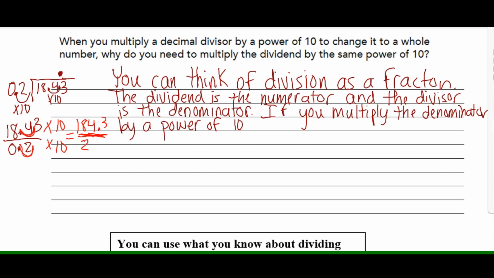And the reason why we need to do that is multiply by the same power of 10. You have to multiply the numerator by the same power of 10 to maintain equivalency.